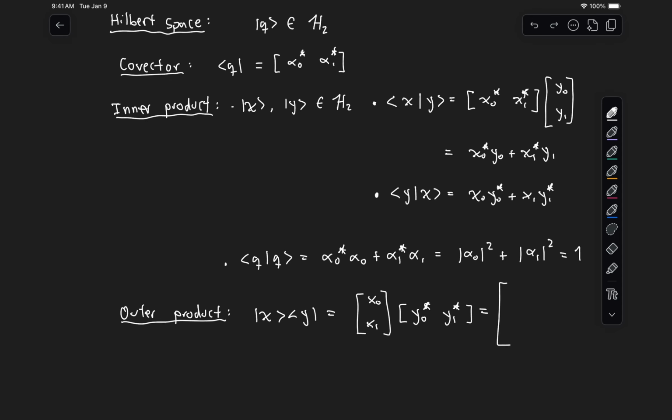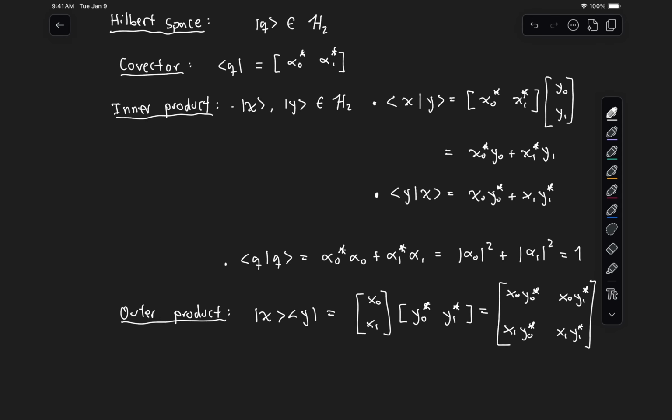Since we need to multiply x0 with y0 complex conjugate, then x0 with y1 complex conjugate, then x1 with y0, and then x1 with y1. And later on, we'll discuss some situations in which performing the outer product is of value.